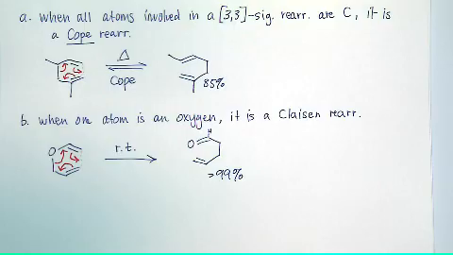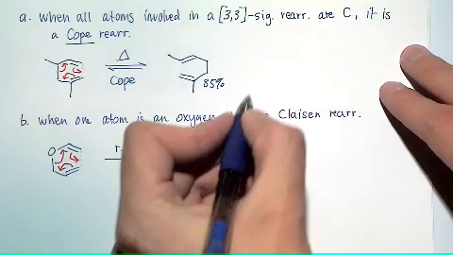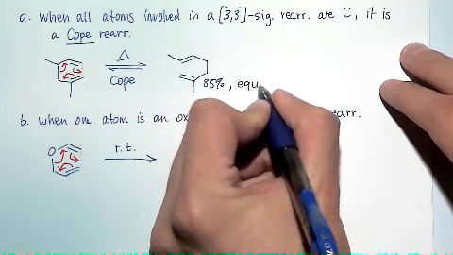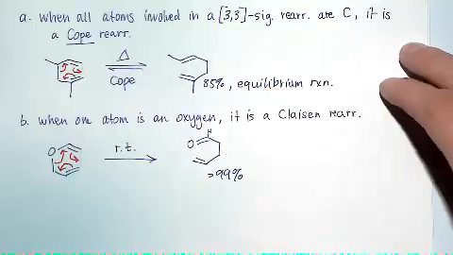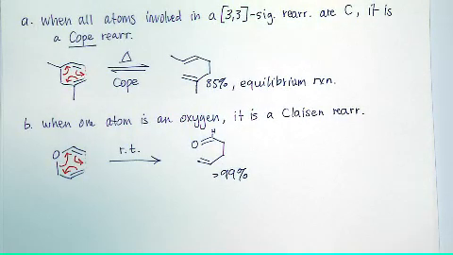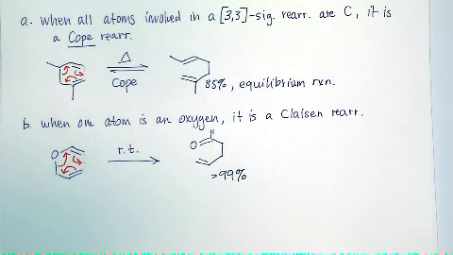Yes? Could you explain the percentage? Yes, so the Cope rearrangement, at least in the way it's shown here, is an equilibrium reaction, so it's going back and forth. But when you actually isolate the product, you get 85% actual yield from the theoretical yield just calculated from the molar mass.